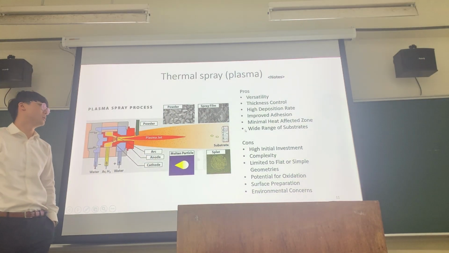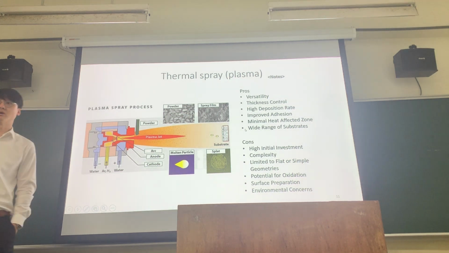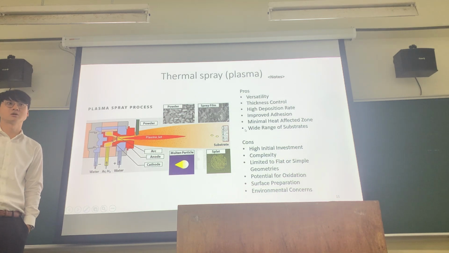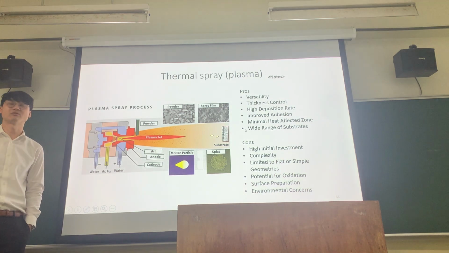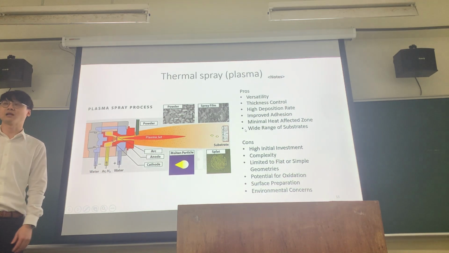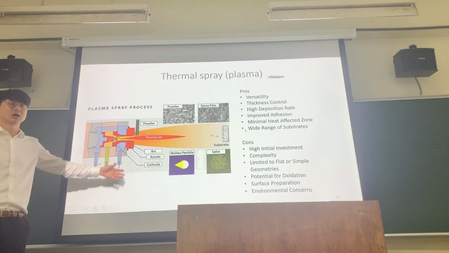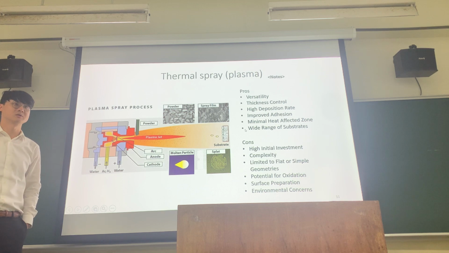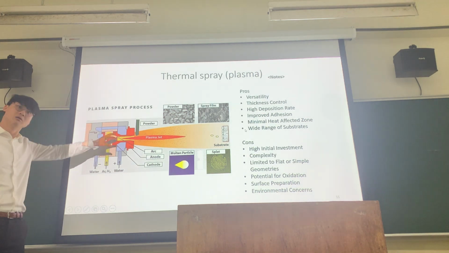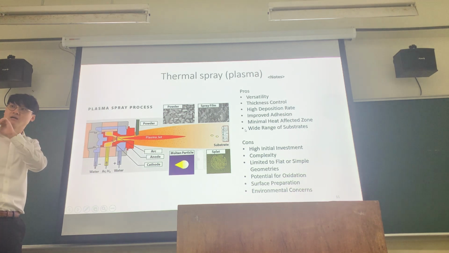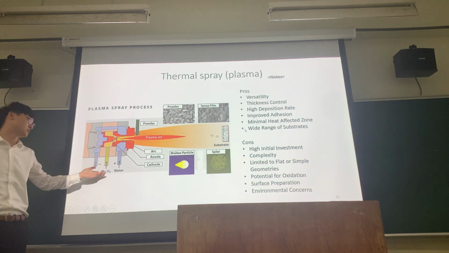Okay. So the cons, usually when you talk about thermal spray, is that you have high initial investment. There is a lot of investment to set up this plasma thermal spray. This is why when I started my research, I was hesitant to go into it. Look at this design over here. It doesn't look simple, and a lot of what you consume is argon and hydrogen.